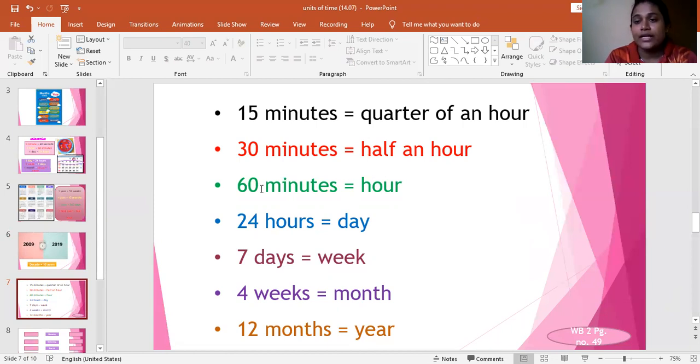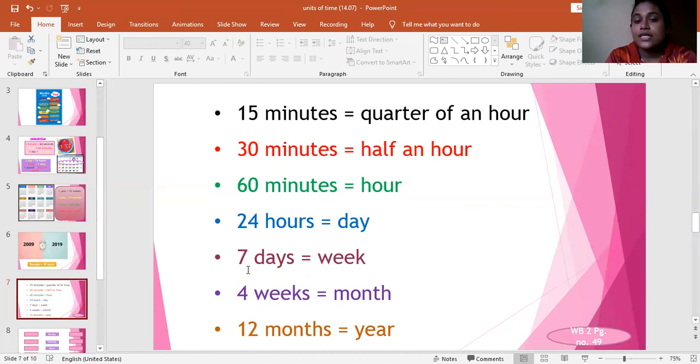And also, when it reaches 60 minutes, one round, we call that an hour. 60 minutes is equal to an hour. As well as 24 hours equals 1 day. 24 hours makes 1 day. And how many days are there in a week?